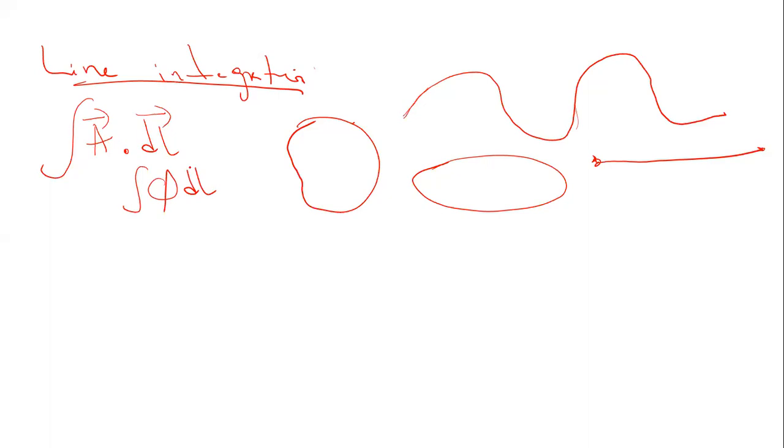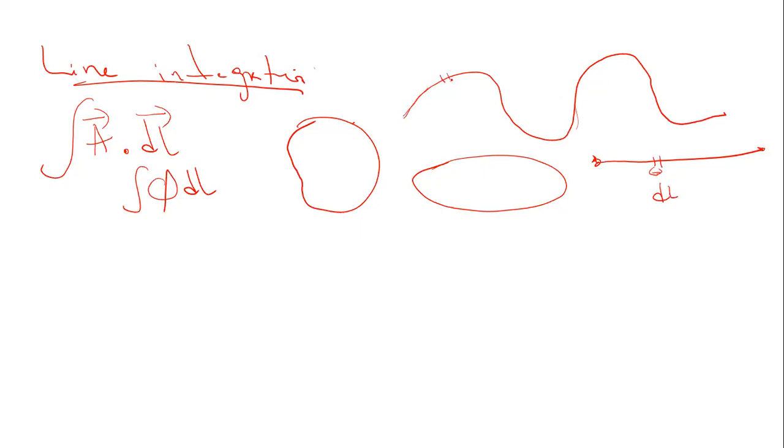So what is DL here? DL is called line element. When we talk about an element, we are talking about an infinitesimally small segment of that line. This is called your DL. Over here, you can take any line element.